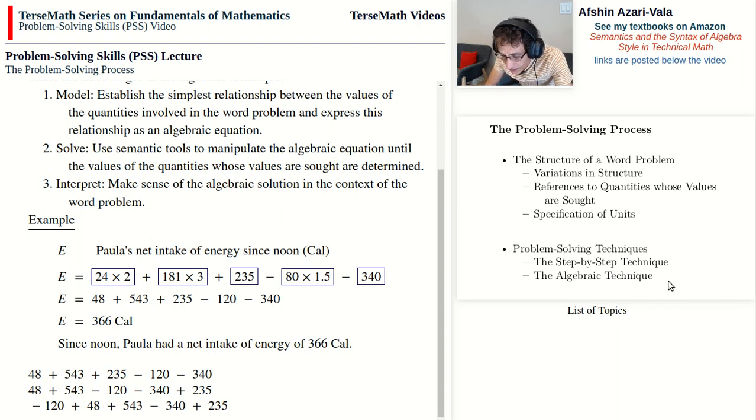The algebraic technique now, what we'll do is, in the next two videos, we're going to take a sampling of problems and apply the algebraic technique to them to solve them, just to give you a bit of a feel, if you like, for what it's like to work with algebraic equations.